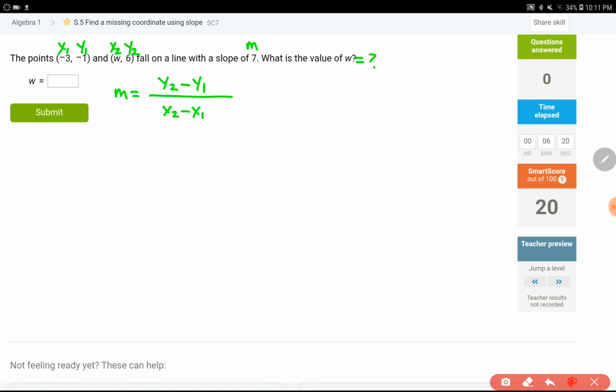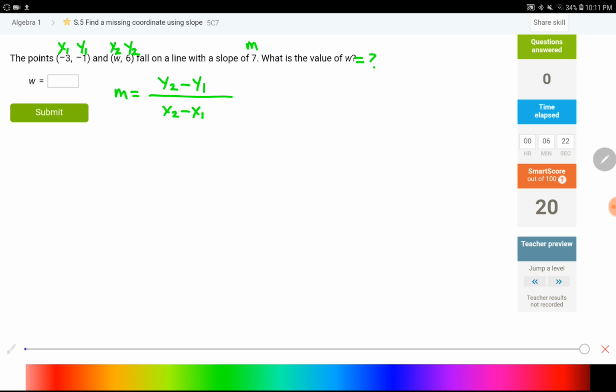Okay, let's plug in whatever is given. M is given right here. That's my left side. Done. Bring down the equal. Y2 is given. It is 6 minus y1, which is -1. In the denominator of this fraction, I have x2 minus x1. x2 is w. x1 is -3.